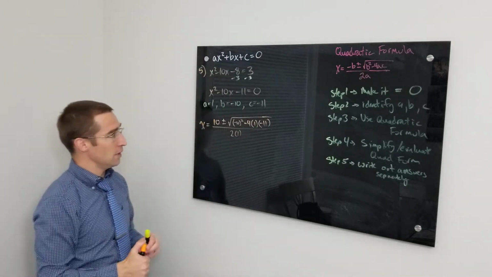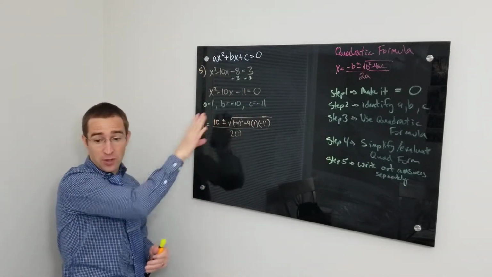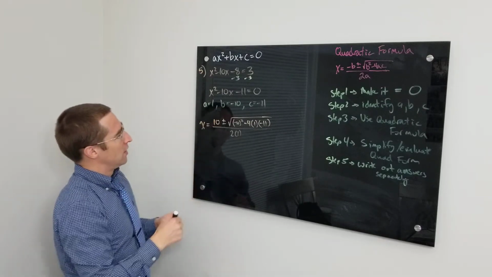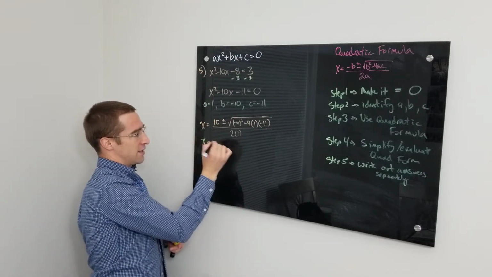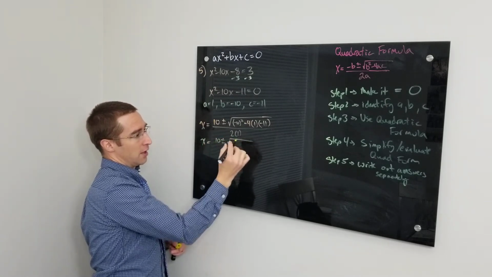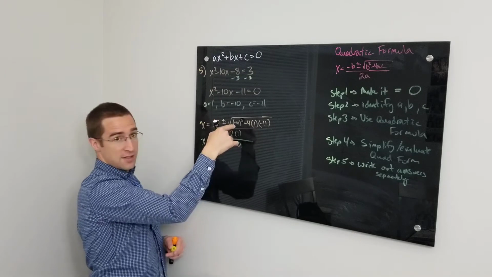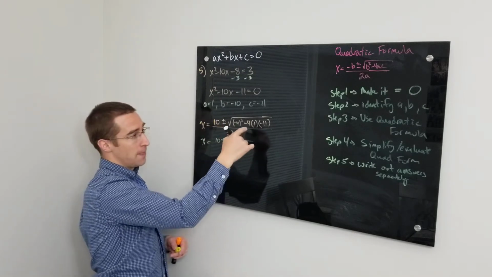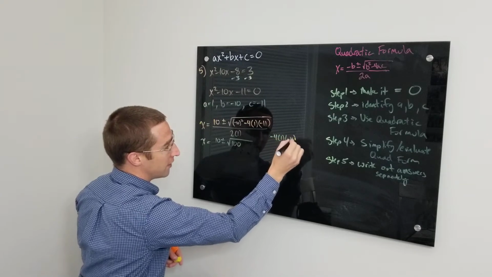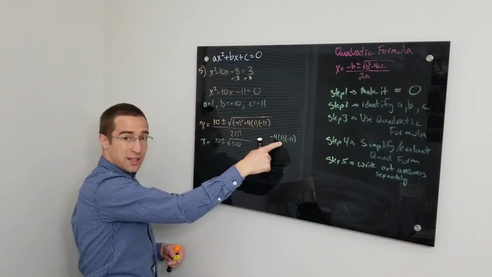All right, so now we're going to go about simplifying, or evaluating, what we get here. So here we got x equals 10 plus or minus the square root of positive 100, because negative 10 times negative 10 is 100. And then here I've got negative 4 times 1 times negative 11. So negative 4 times 1 is negative 4.